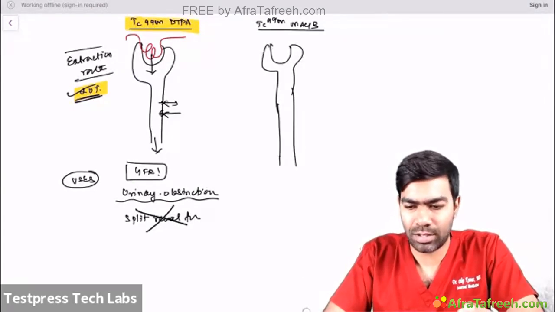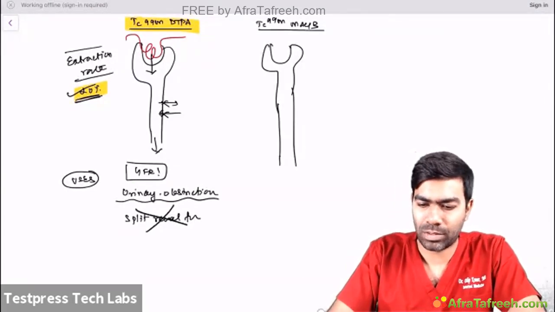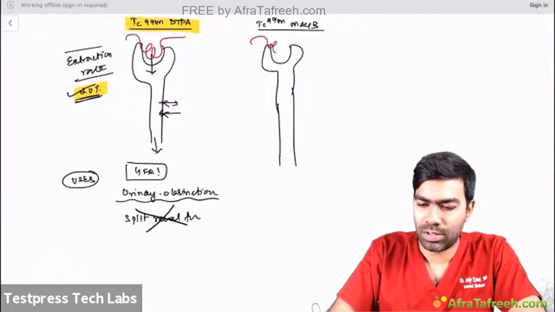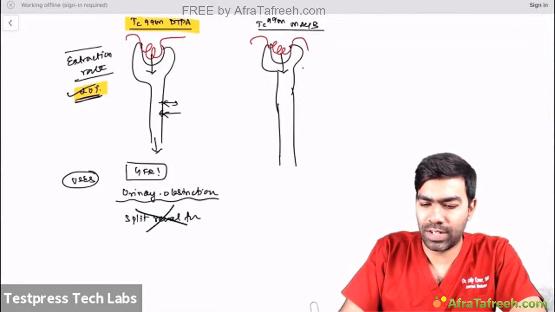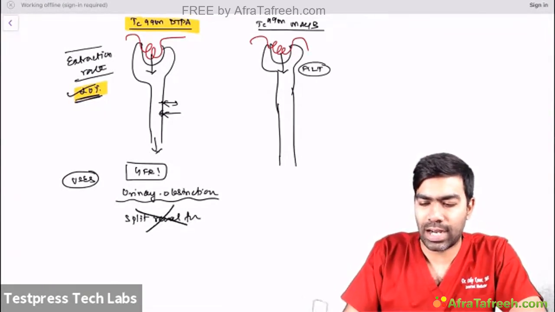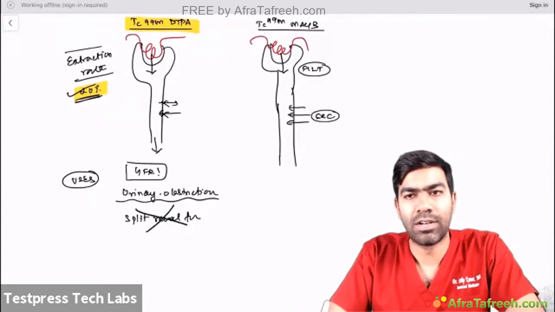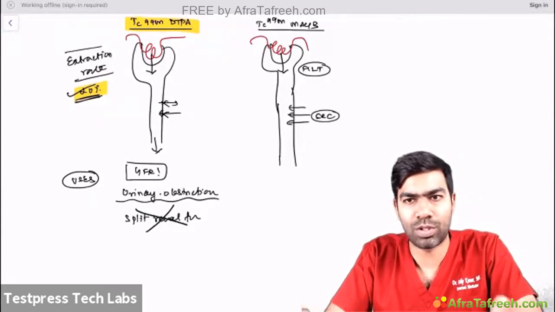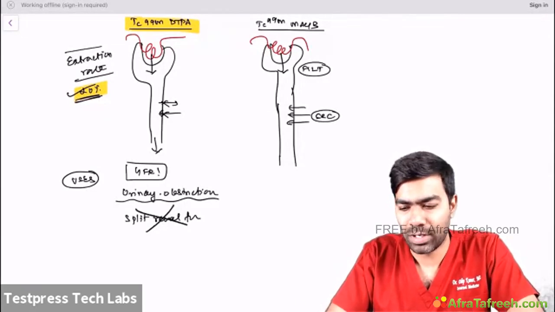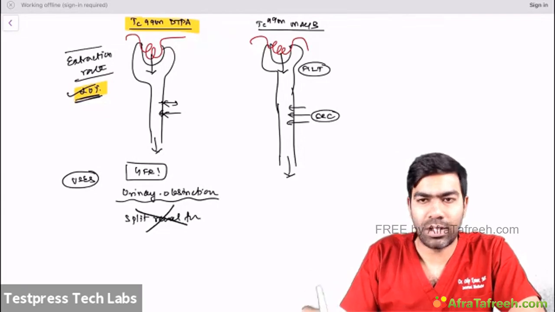MAG3 is first of all going to get filtered. At the same time, there will be a lot of secretion from the tubules as well. Whatever remains is mostly secreted, so technetium 99m MAG3 will come out in the urine.